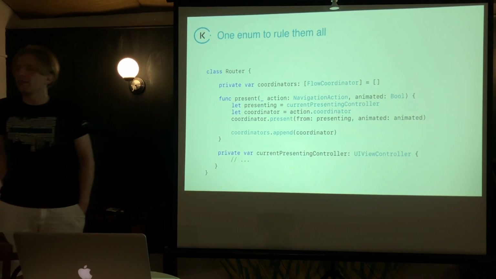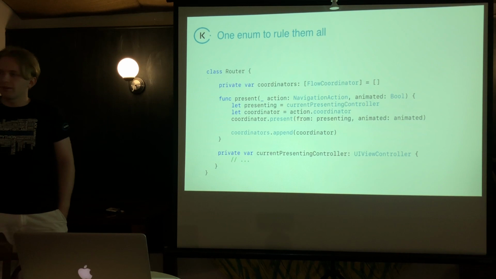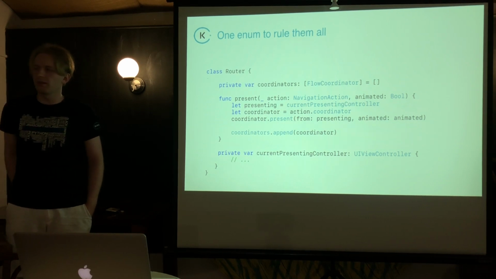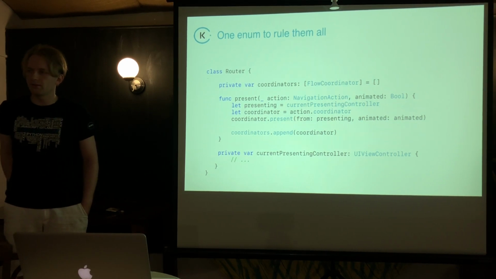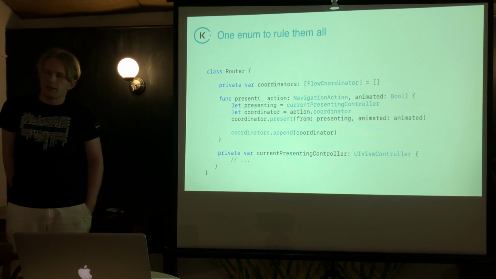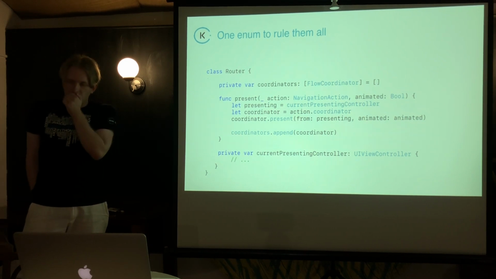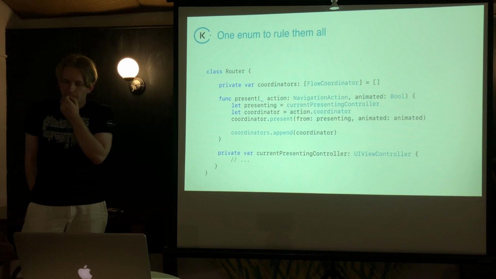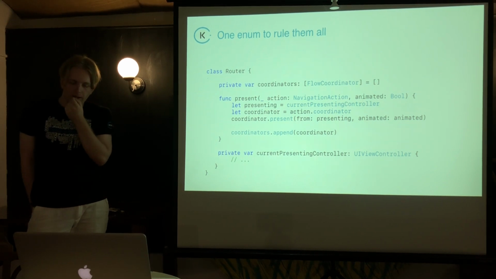I have one question. When it comes to dismissing controllers or going back, is it also part of the router flow coordinator scene or the technique you use, or do you prefer to just call it on controllers like a dismiss? I try to keep everything in the coordinators.